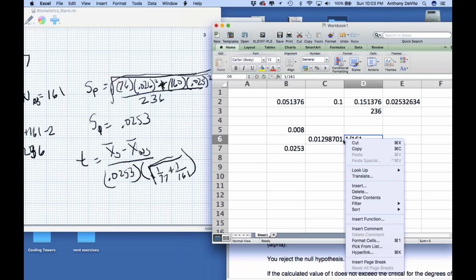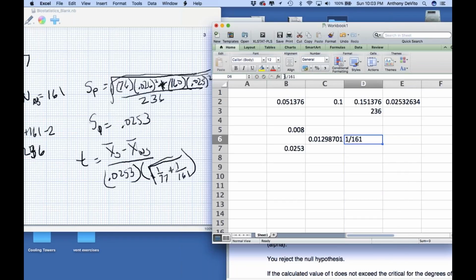Whoops, got to put the equal sign in there. So I find the sum of those two and find the square root. That's equal to the square root of the sum of those two, this plus this. Let's see what that comes out to be. It comes out to be 0.1385.